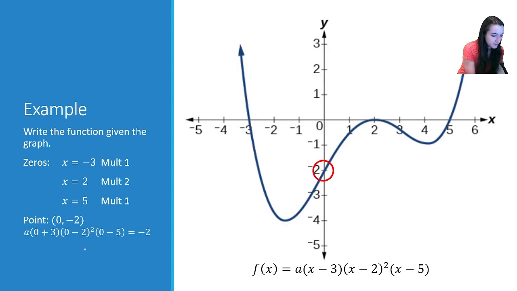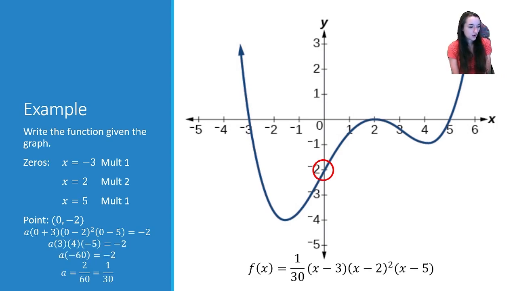So that's 3 times 4 times -5, all times a, still equal to -2. Then all that together is -60, so that'll be -60a equals -2. And then finally, a would be -2 over -60, sorry, I dropped a negative sign there, which gives us +1/30, and so we have our final answer with our a in there.